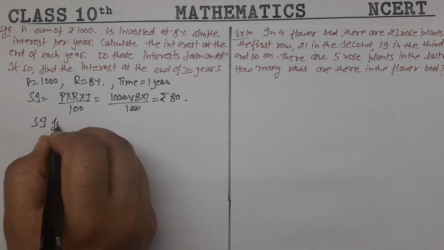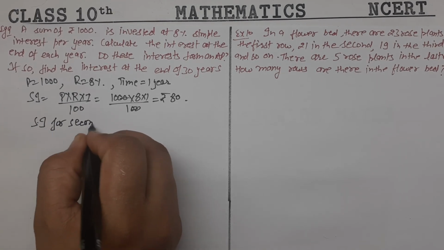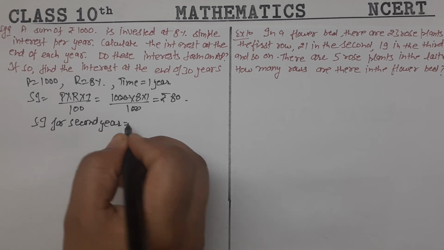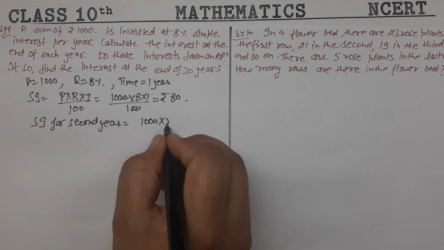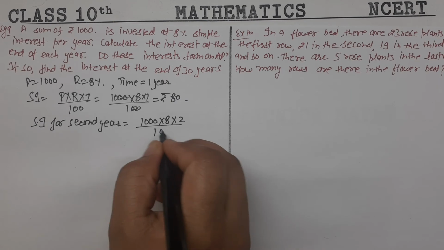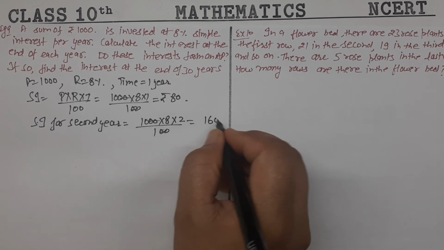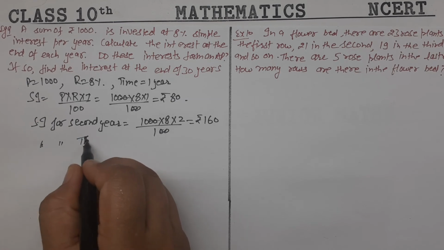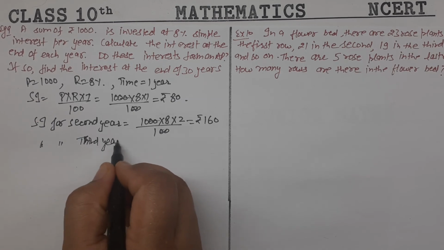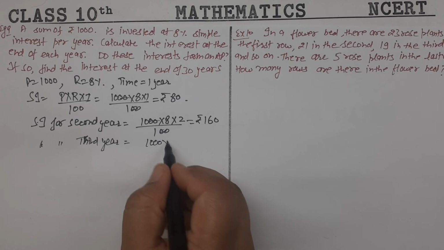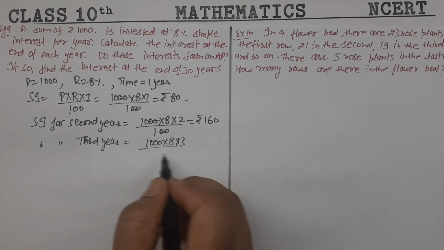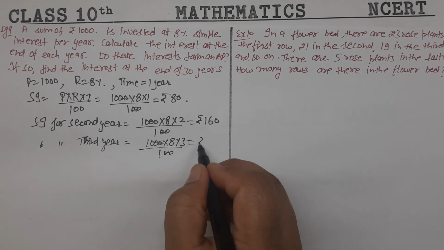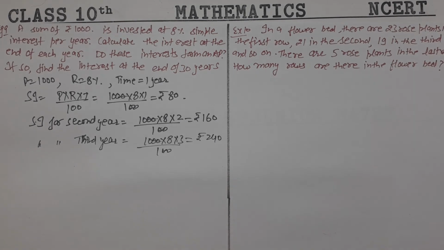Now simple interest for the second year: 1000 into 8 times 2 by 100 makes rupees 160. Simple interest for the third year, time is 3, we have rupees 240.